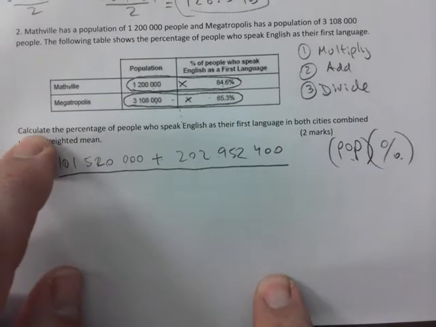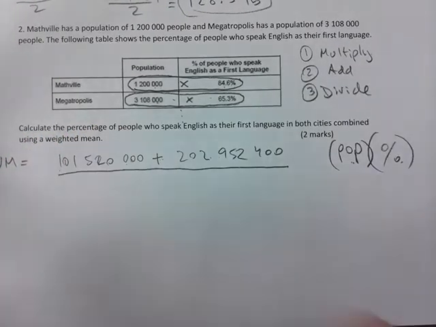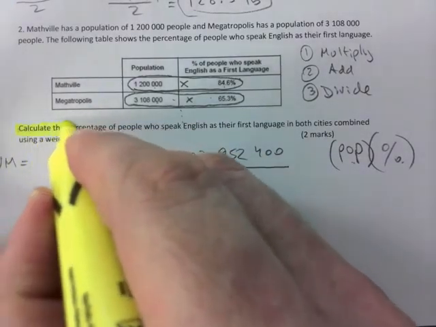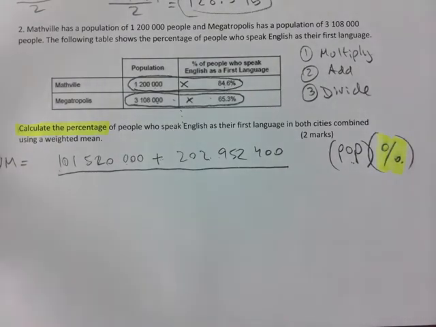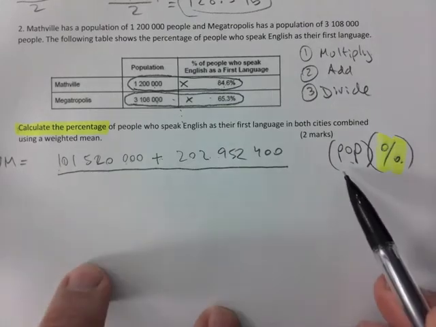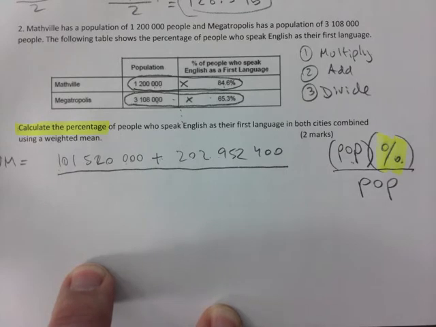It says, read carefully, calculate the percentage of people. They want, right? Calculate the percentage. That gives it away. So that means that we want to keep the percentage. So that tells you that I will have to divide by the population involved so that these two cancel out.